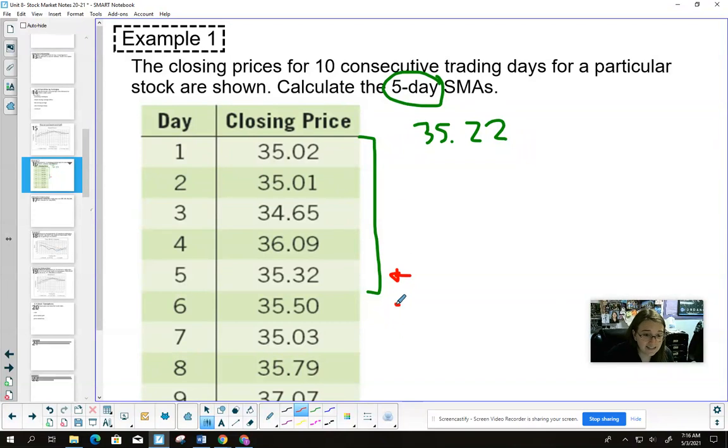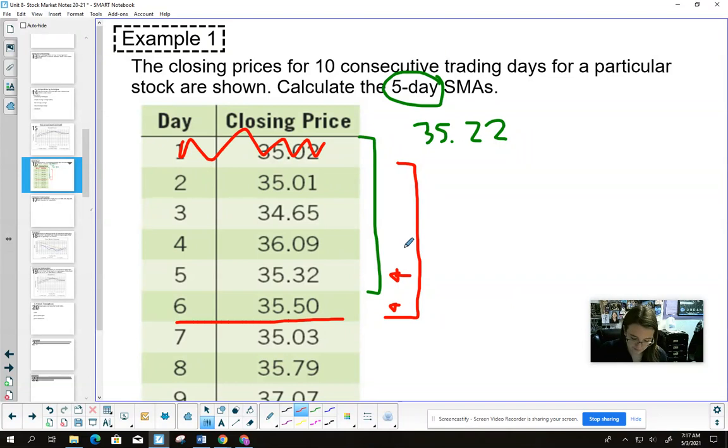When I move to the next day, now looking backwards 5 days, here's the chunk of 5 numbers that I'm going to take the average of. So we're going to do it again. This is why it's called a moving average. I took 5 numbers and then moved it down by 1, and now I'm taking the average of these 5 numbers. So let's do it again. I will ignore this one for now. Add these 5 numbers, hit enter, divide by 5.